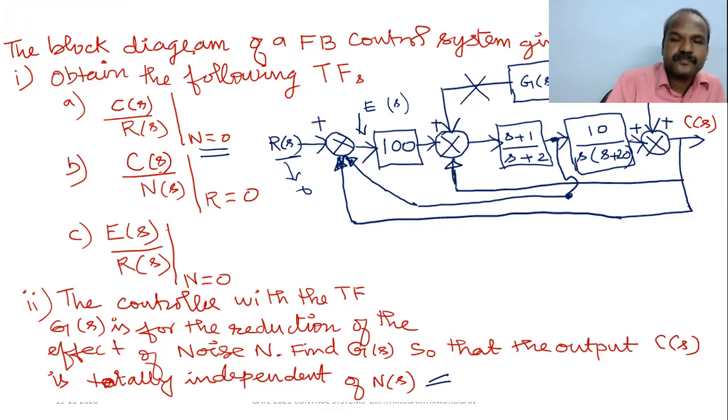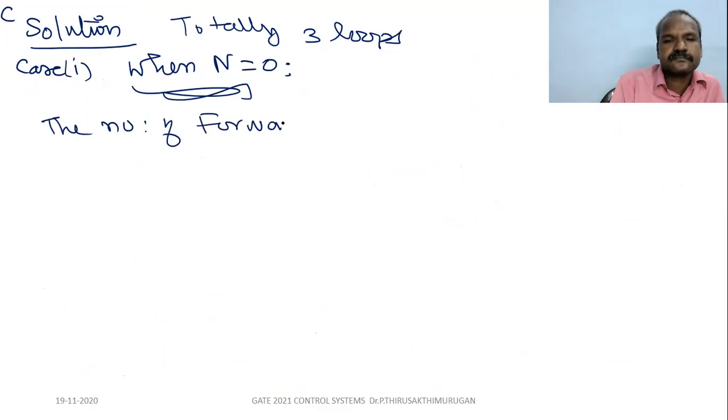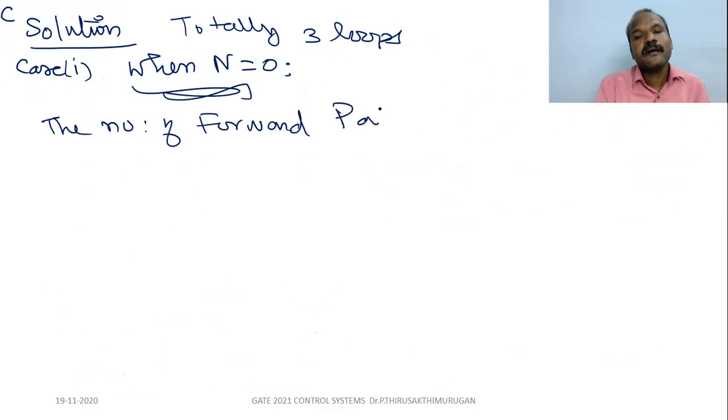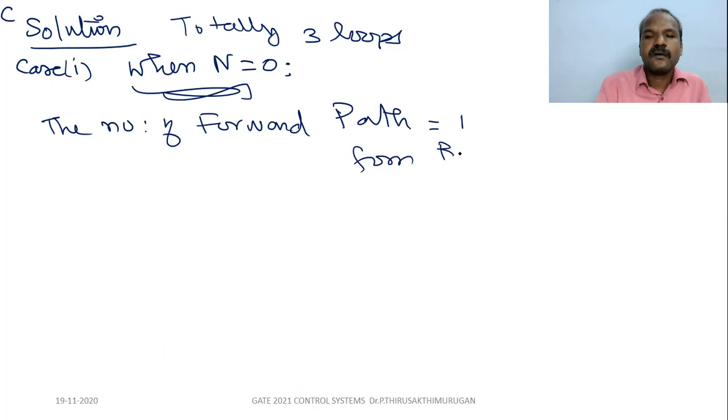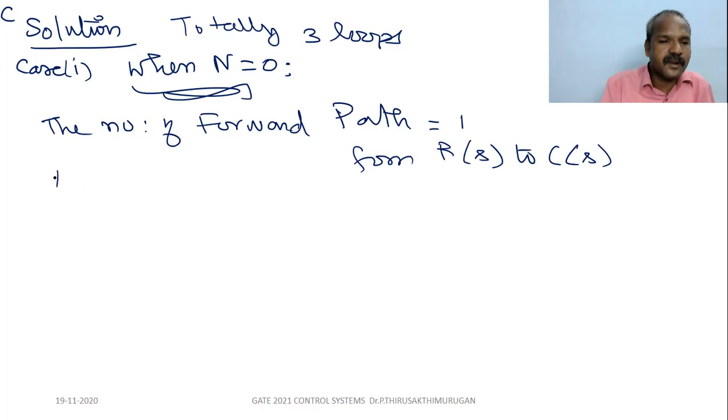So the number of forward paths is equal to 1, that is from R of S to C of S. By applying Mason's gain formula, what is Mason's gain formula?